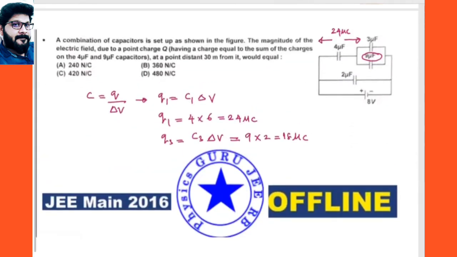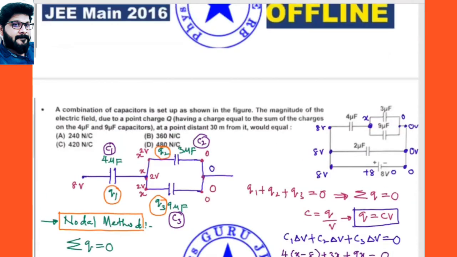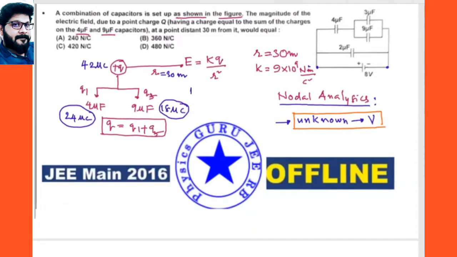Here E is equal to, otherwise here only we'll do. So E equal to K. K is nothing but 9 into 10 to the power of 9, into Q. Q is 42 microcoulombs. 42 into 10 to the power of minus 6, divided by r square. R square means 30 whole square. So 30 whole square. Is it clear, that one?